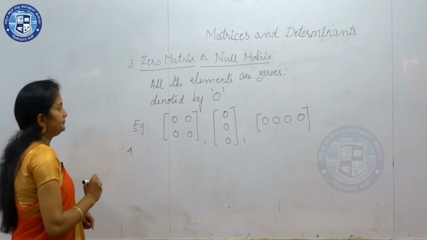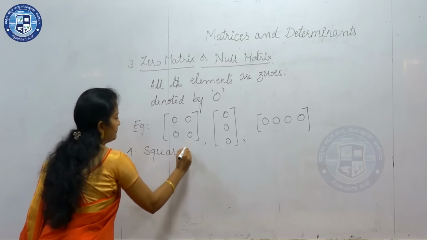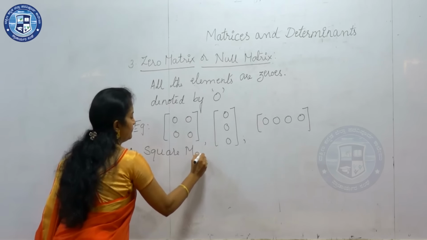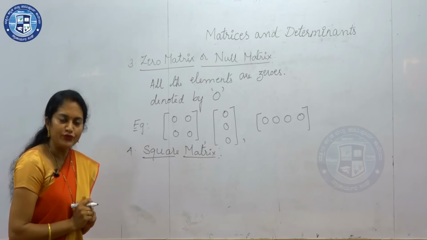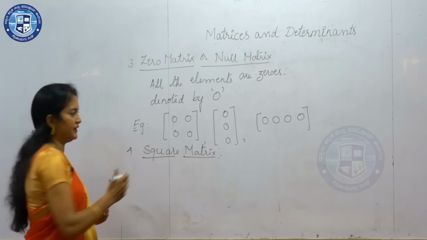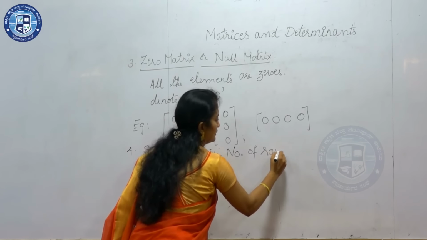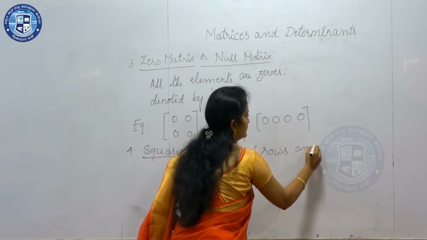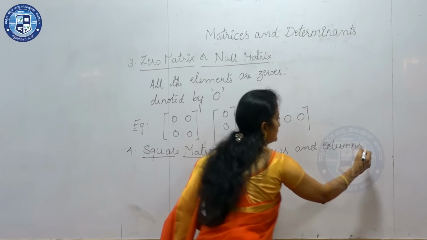Now next comes a square matrix. What is a square matrix? A square matrix is a matrix in which number of rows and number of columns are equal.